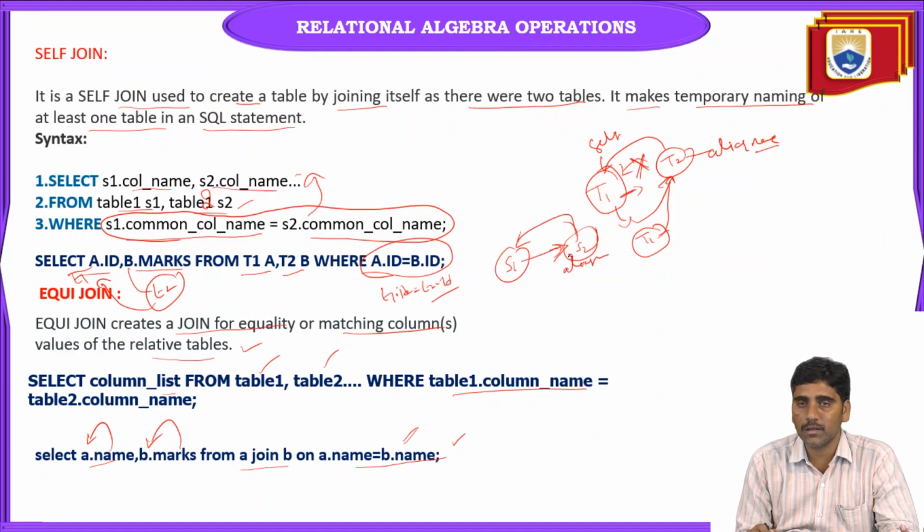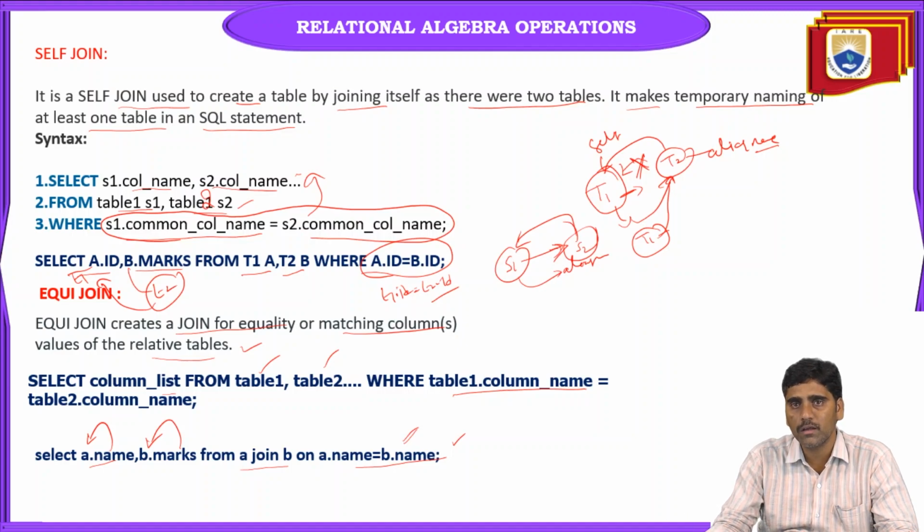So now the alias table lets the table join itself and retrieve the result based on the joining. And equi-join creates a join for equality or matching rows. So only the matched columns will be displayed based on the conditions.